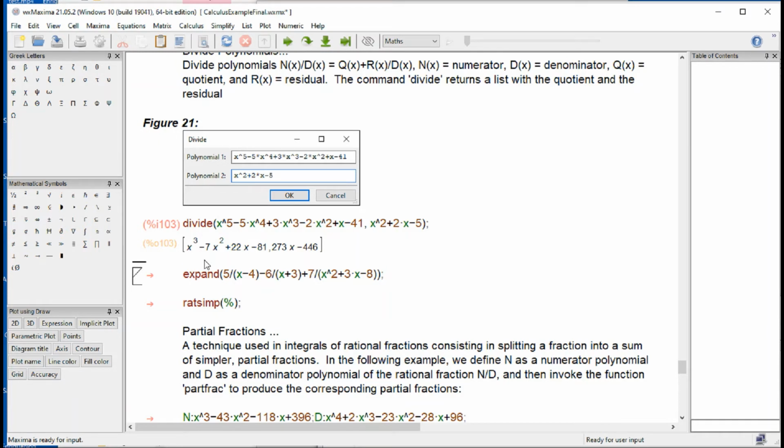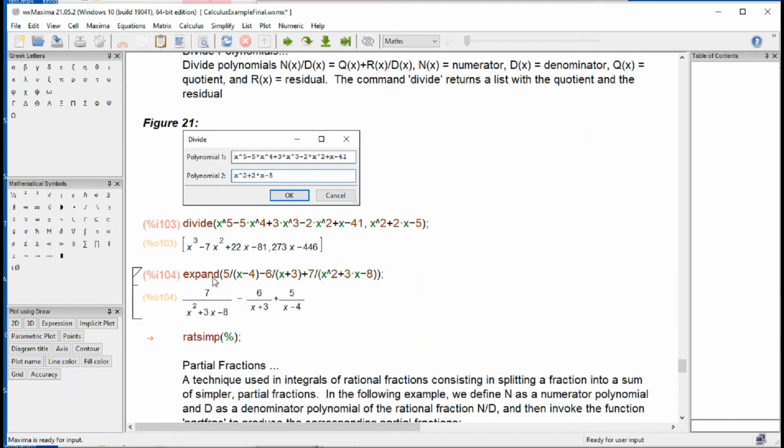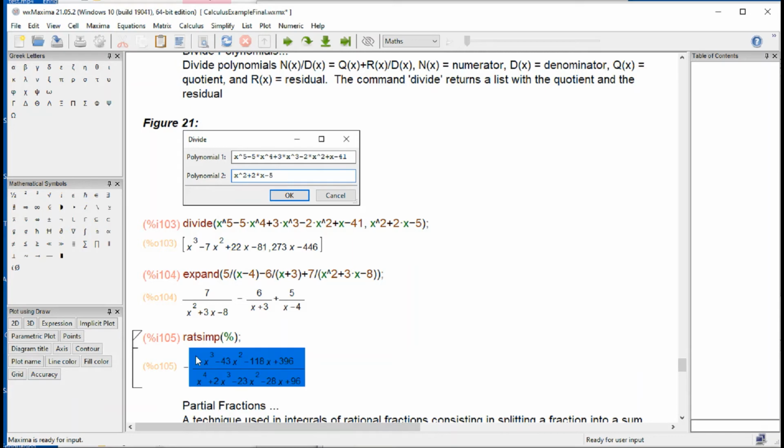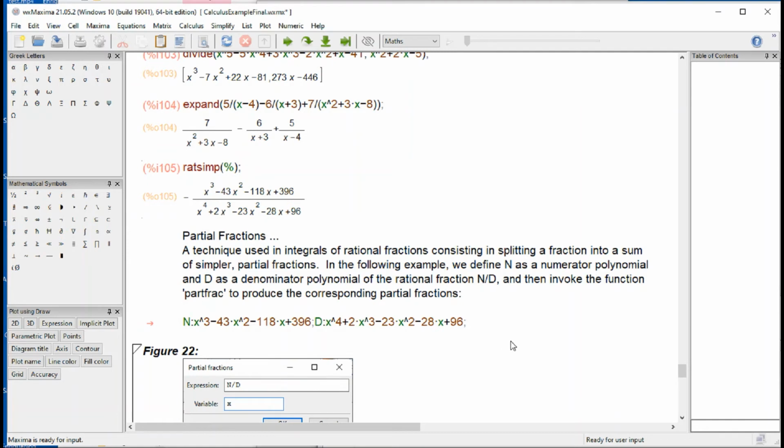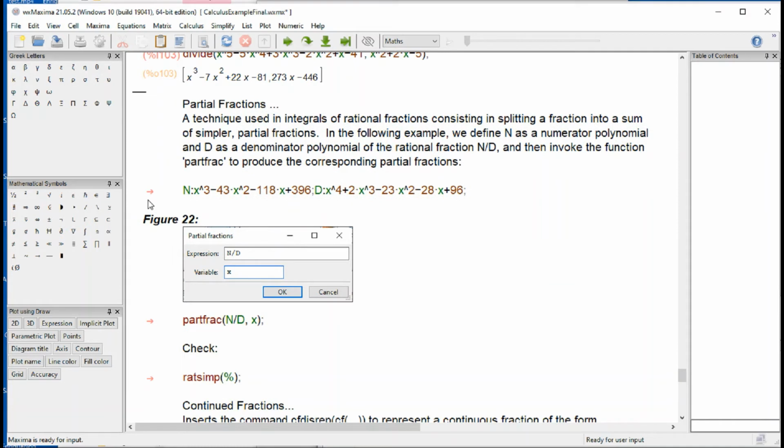The next example is in partial fractions, and actually what I did here, I created my own partial fraction and simplified it. So in problems of integration with partial fractions, for example, you get something like this, and you want to find the partial fraction corresponding to that. So this was part of my preparing this document. You actually don't need it.